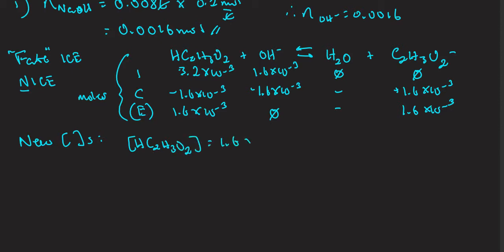Okay, so 1.6, we know the number of moles of acetic acid. We have also our new volume. Okay, and we end up with 0.05714, and that's molarity, moles per liter. Moving on to our acetate.